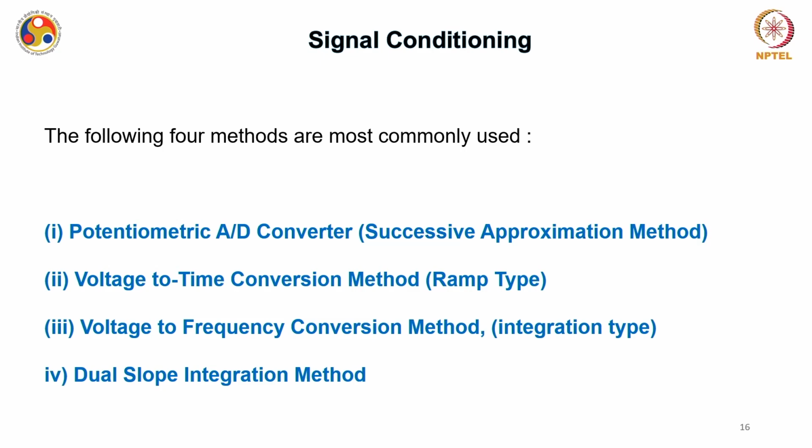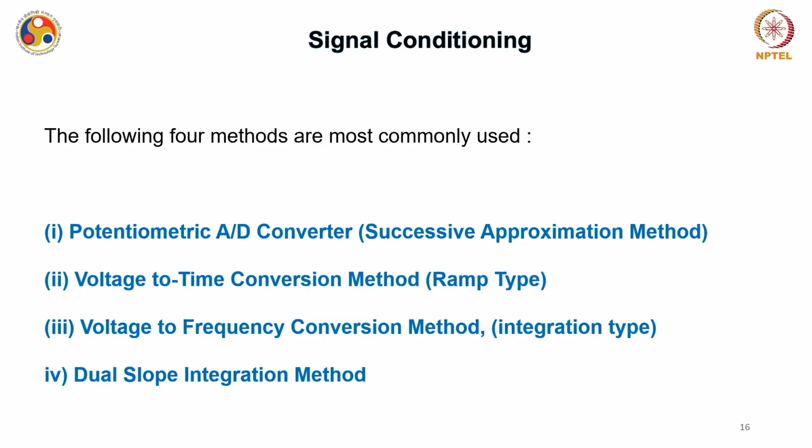There are 4 most popular methods for conversion of analog to digital signal. We have potentiometric AD converters which work on the successive approximation methodology, and we have the voltage to time conversion method, sometimes also known as the ramp type analog to digital converter.